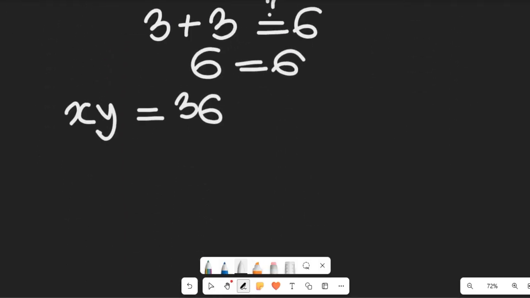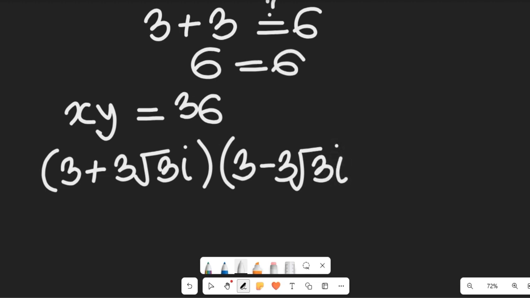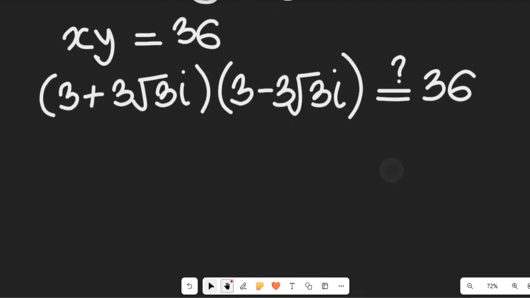The value of x is 3 plus 3 root 3i, and this is multiplying 3 minus 3 root 3i. Will this be equal to 36? Let's try it out. Now, this will test our knowledge of complex multiplication.